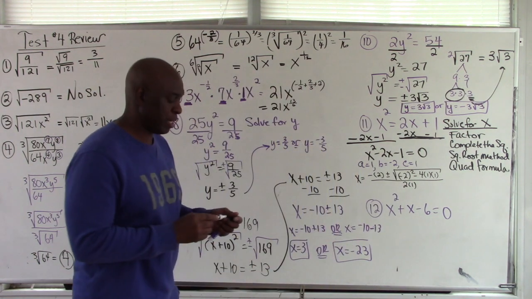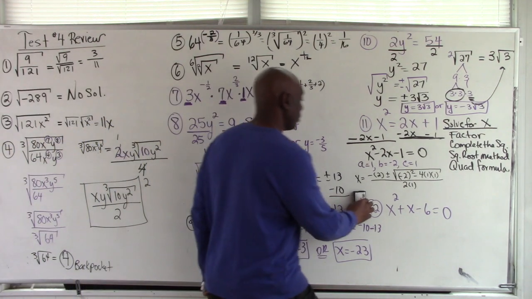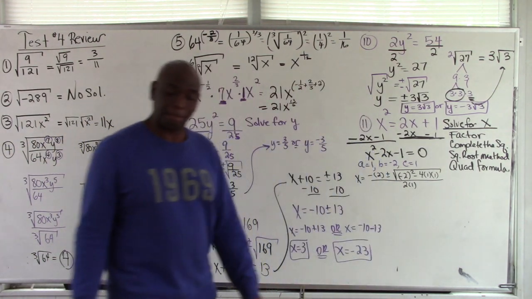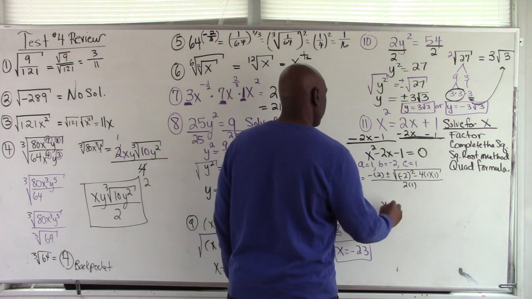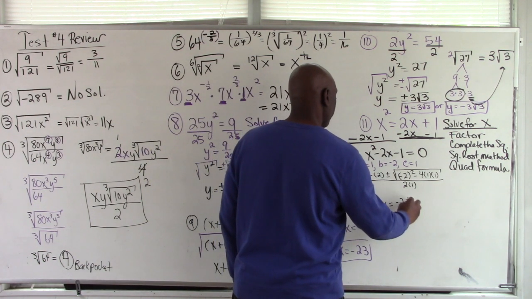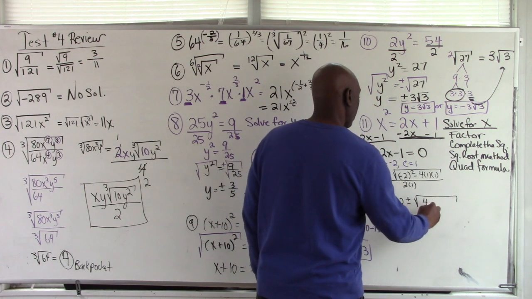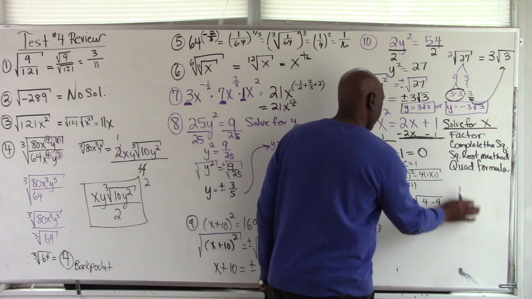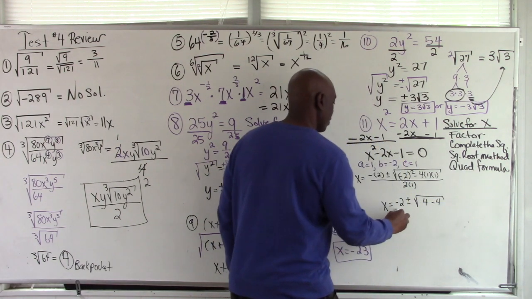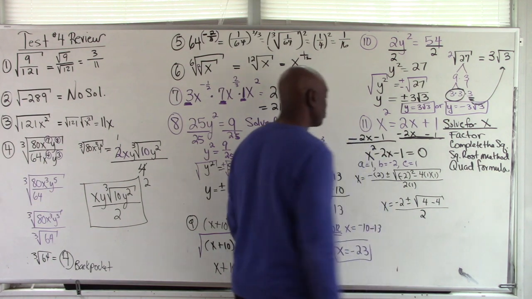All divided by 2a. All right. Quadratic formula. Break it down. So x equals 2 plus or minus the square root of 4 minus 4. Oh, that's pretty simple. Look at that. 4 minus 4, all over 2.